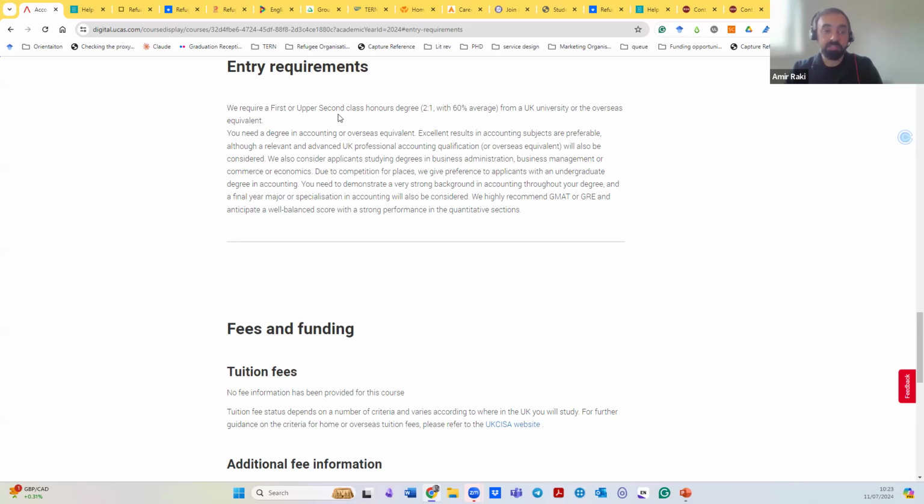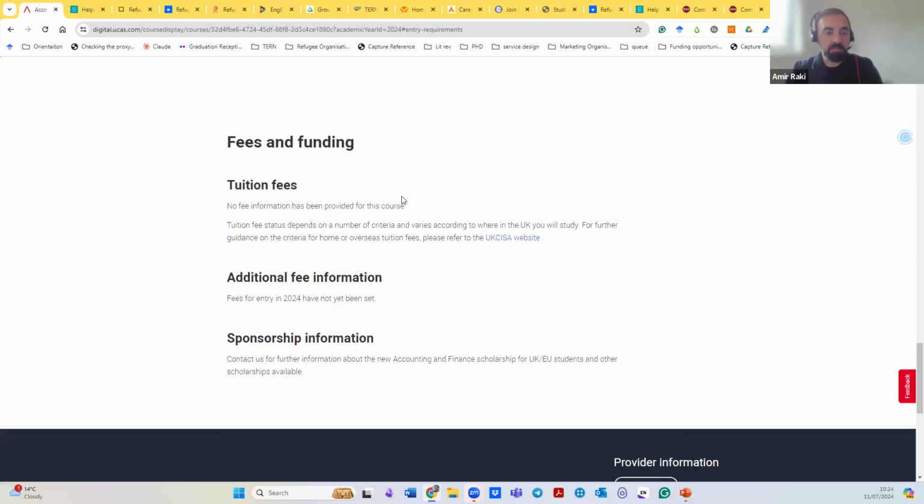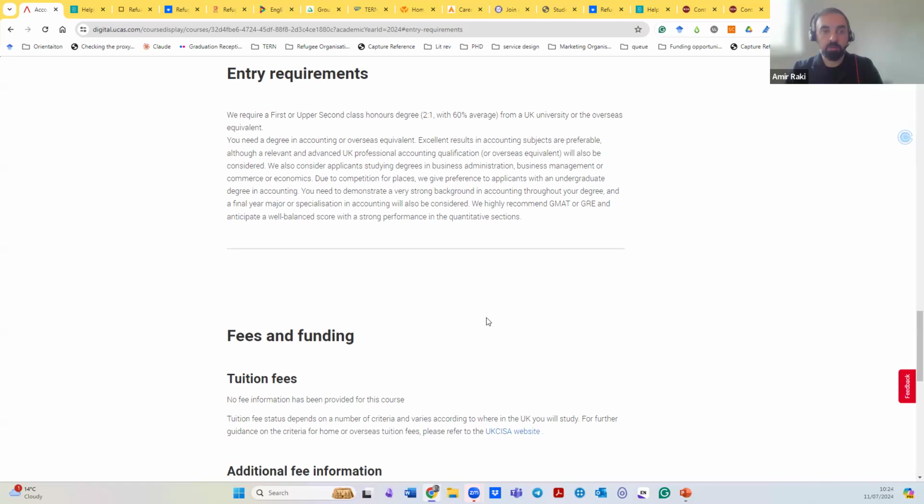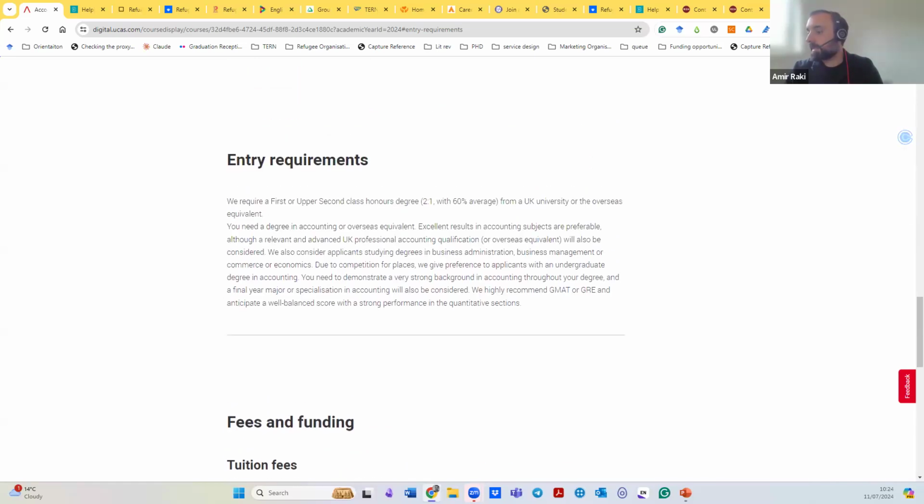But most universities want first or upper second class honors, which means average 60% or above, from UK universities or overseas equivalent. They will have something about the language requirement as well, and more information about fees and funding that we are going to talk about in my next slide.